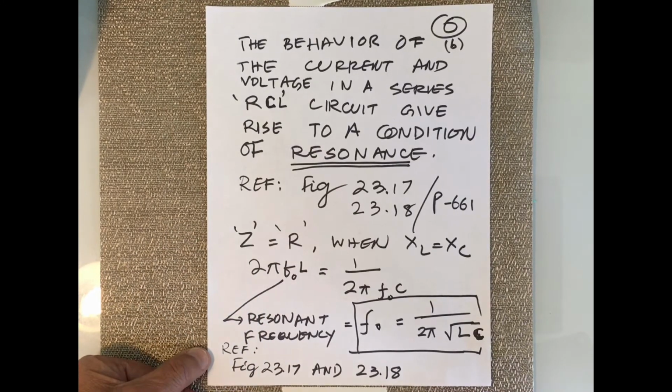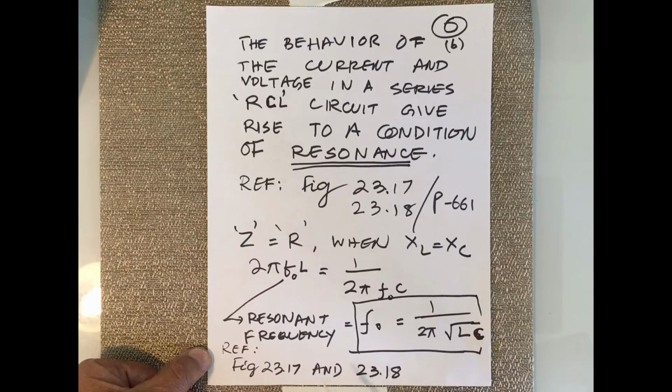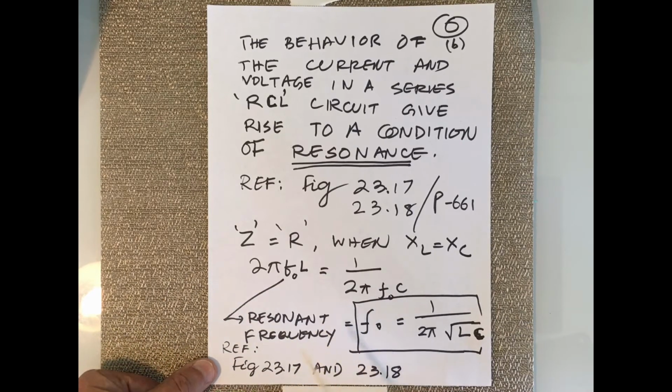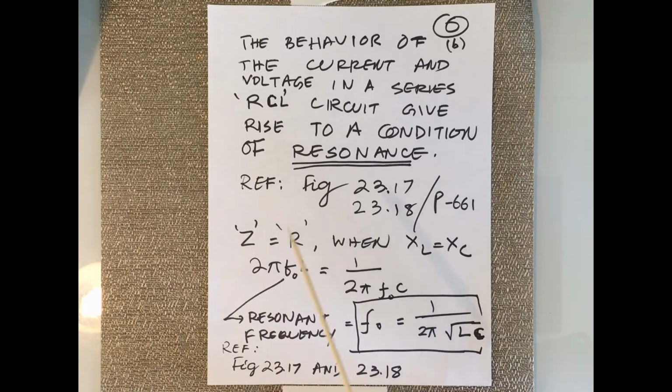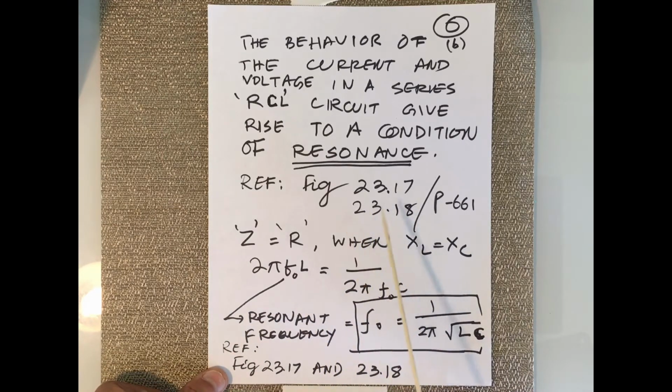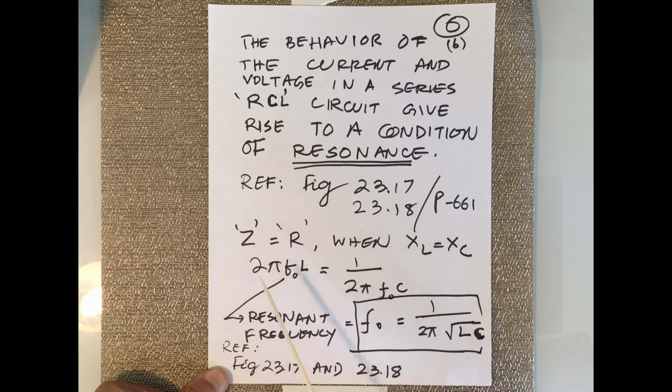Now the behavior of current and voltage gives rise to a condition which is known as resonance in an RLC circuit: resistor, inductor, and capacitor. Okay, now as you go to this figure here, 23.17 and 23.18 on page 661, when impedance becomes R, or resistor, then XL equals XC.